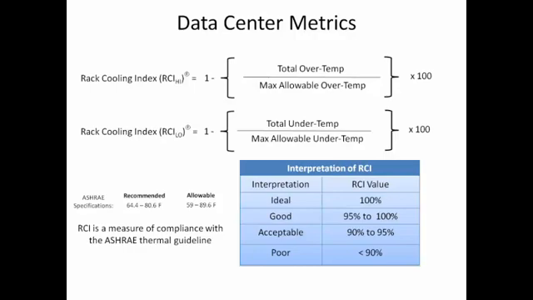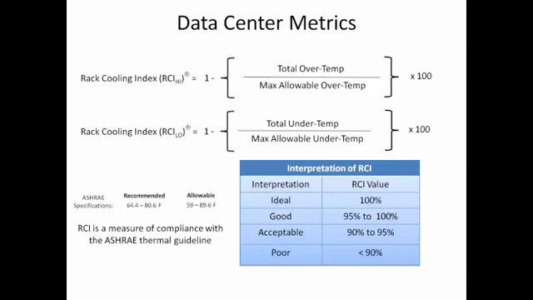And the recommended range for rack inlets in Fahrenheit is 64.4 to 80.6. And the allowable is a little broader, 59 to 89.6. So that's the plot I was showing you. We've added 2 plots, an RCI recommended and an allowable, that just show you whether or not any rack inlets, which is really what you're interested in, fit within the guidelines as specified.